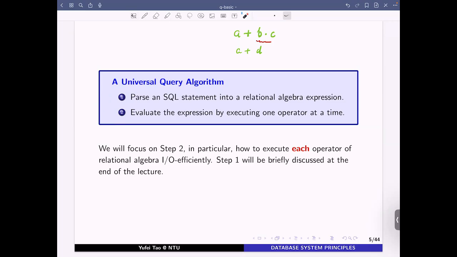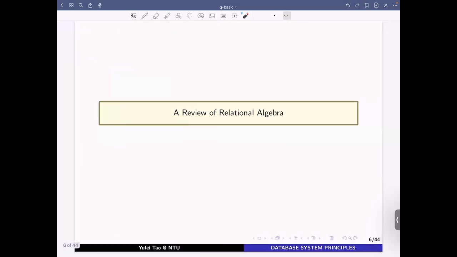Okay, so let's talk about relational algebra. Strictly speaking, I shouldn't be talking about relational algebra because, as I said, it should have been covered in the prerequisite of this course. However, my experience is that at this point a lot of students might have become quite rusty with relational algebra.